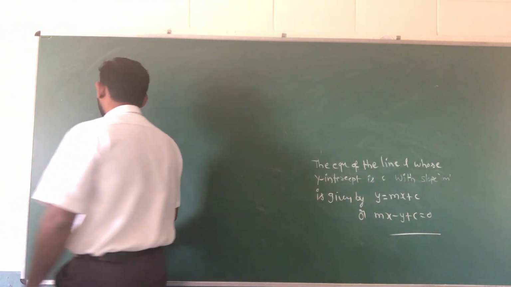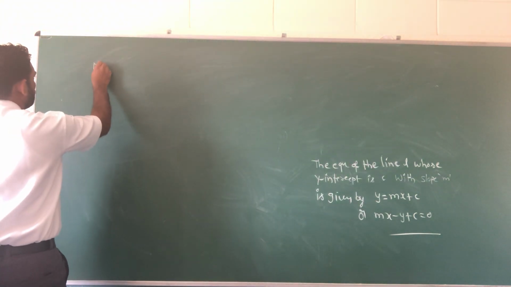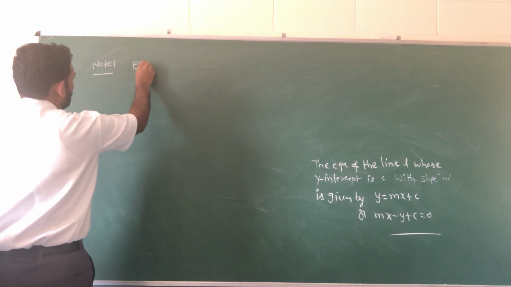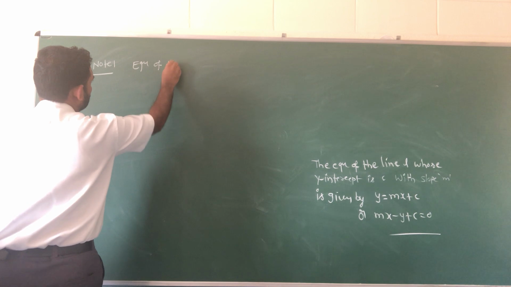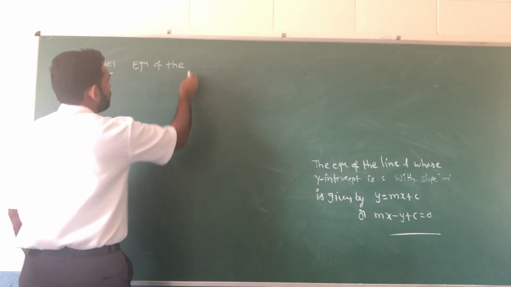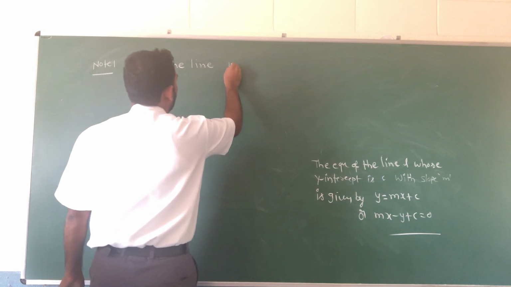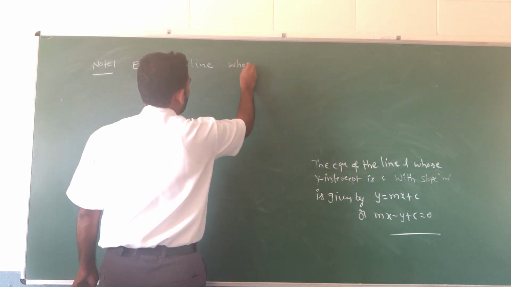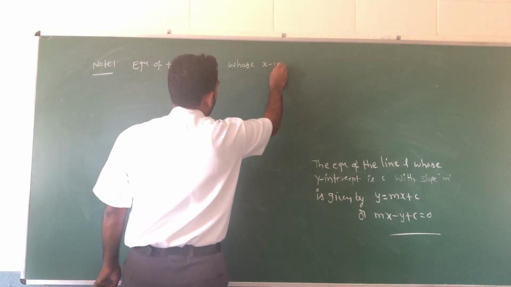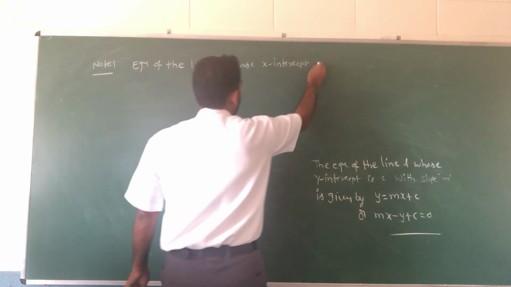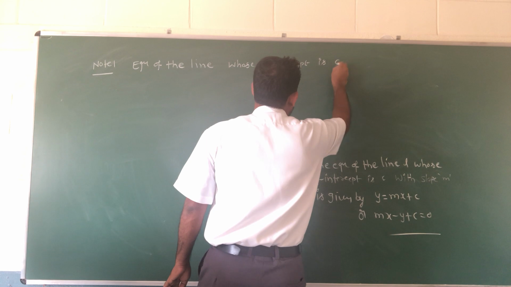So after that you write one more point. Equation of the line whose x-intercept is c.